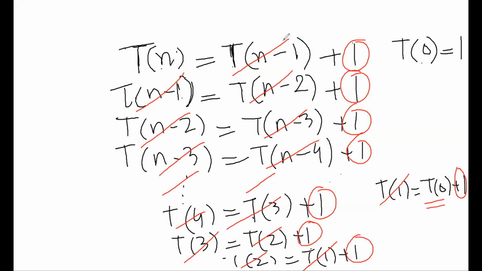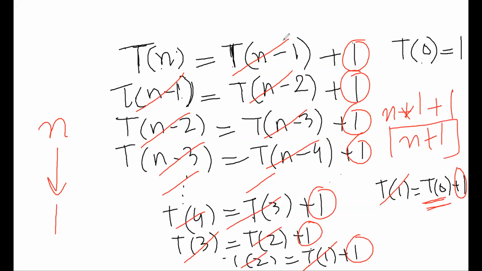You are moving from tn to 1, so n times 1, plus t0. t0 is also 1. So n plus 1. So this is your runtime for this equation.